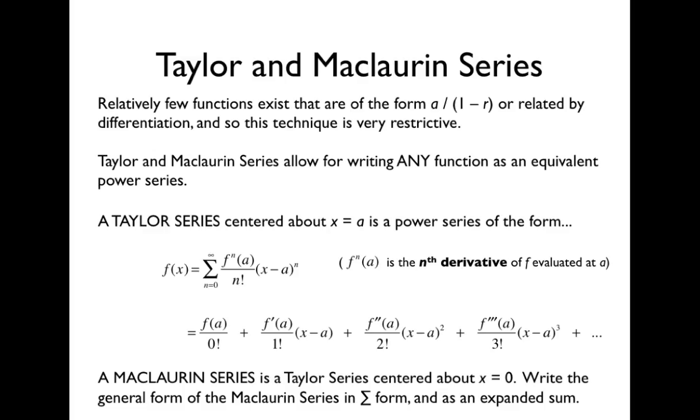And so centering is kind of like where you're basing the function, and as you add more and more terms, it'll be a better and better approximation away from the center. So at the center, usually a couple terms is good enough to approximate the function near the center, but if you want a good approximation away from the center, you need lots and lots of terms.